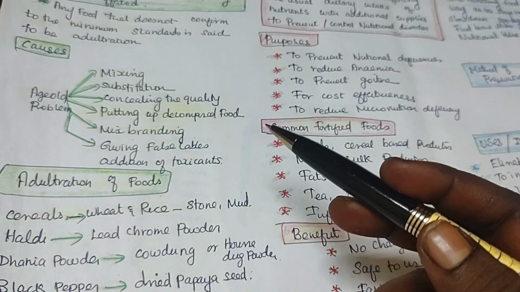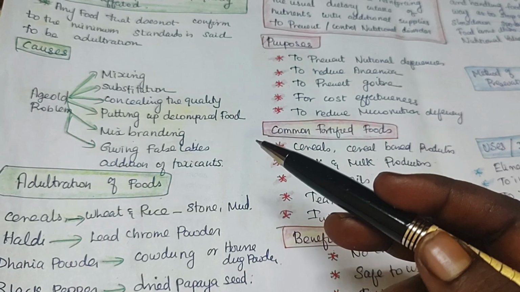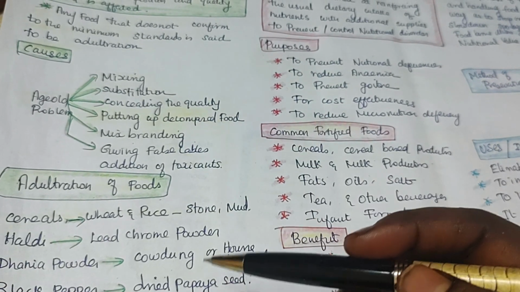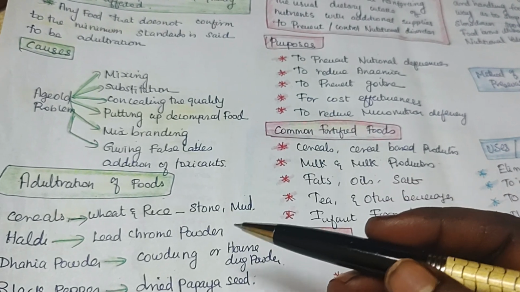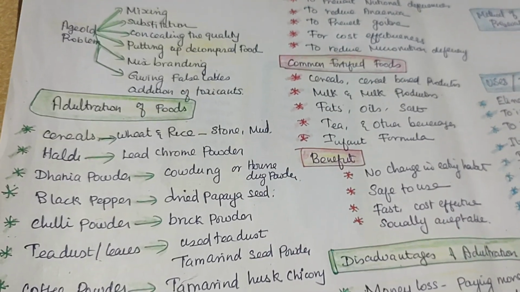What they do is mixing, substituting, concealing the quality, putting down a decomposed food, mixing the branding, changing one letter of the brand, giving false labels, and adding some toxicants which are really bad for the health.